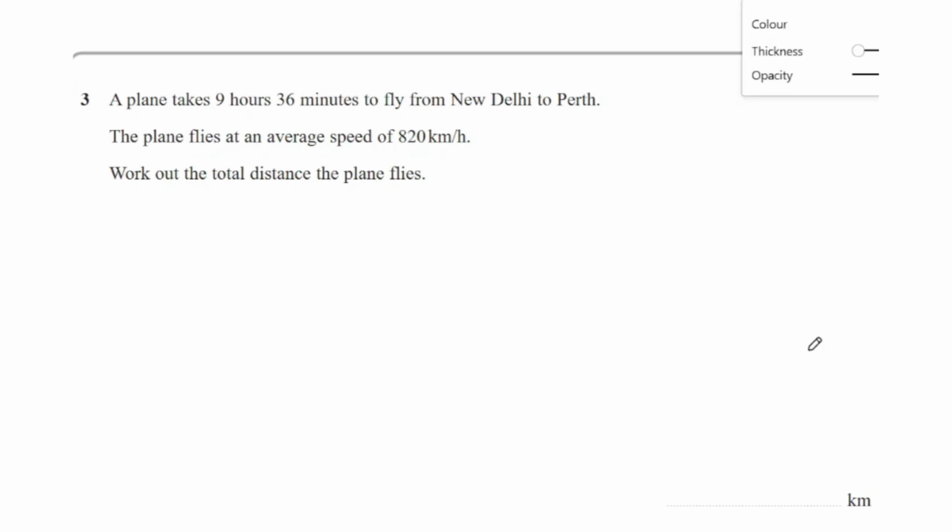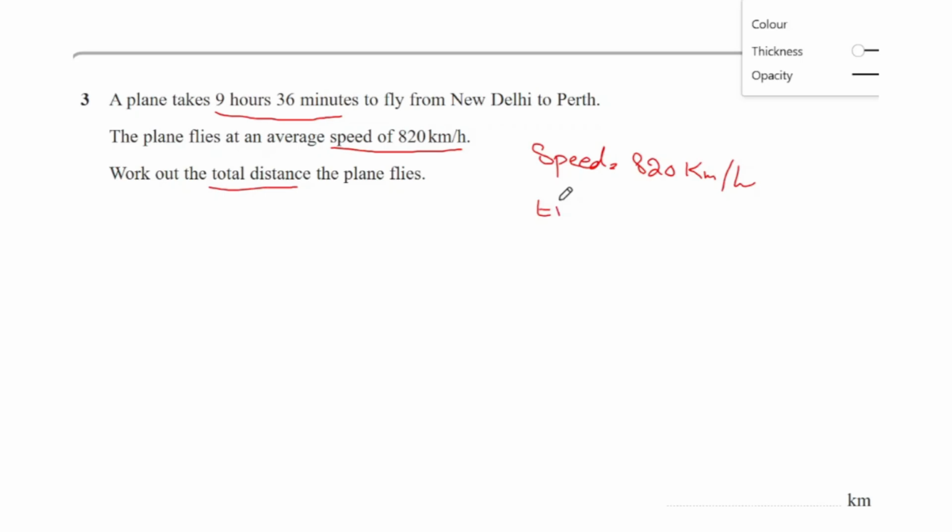The question number 3 says a plane takes 9 hours 36 minutes to fly from New Delhi to Perth. The plane flies at an average speed of 820. So speed we have given 820 kilometers per hour. Okay, you need to find out the total distance.